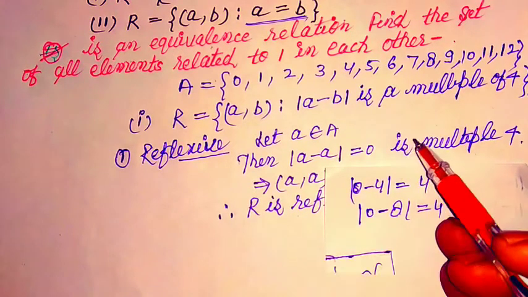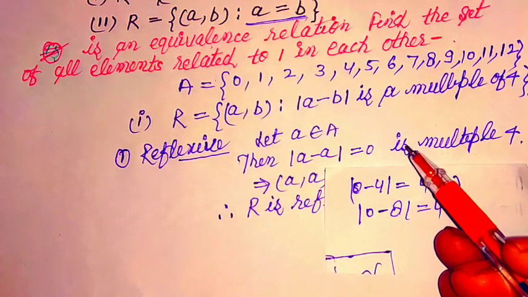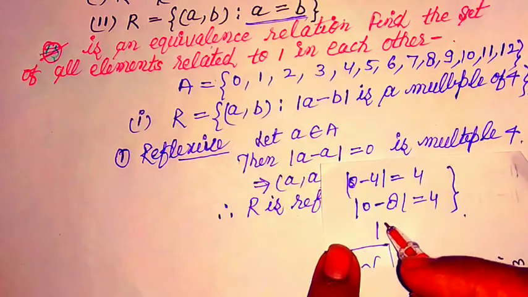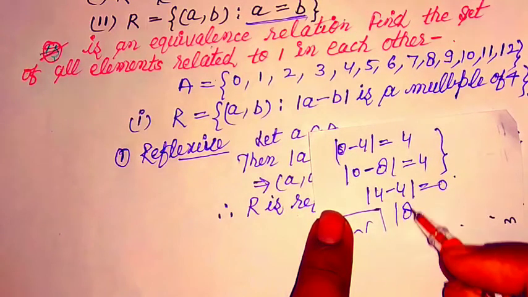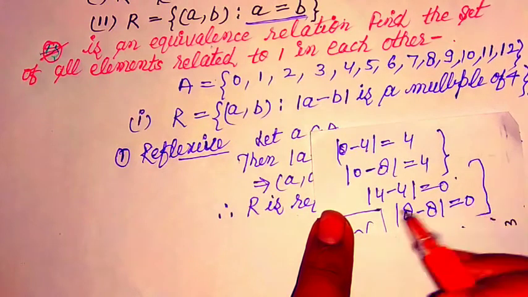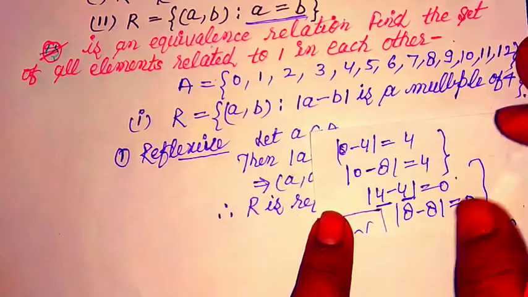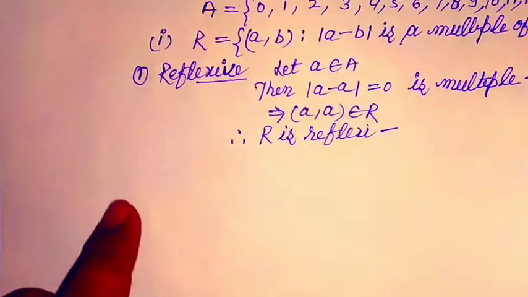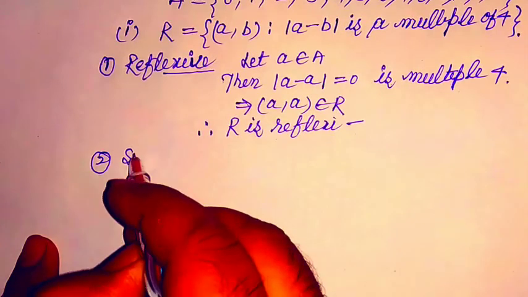And we will take a and b such elements that are multiples of 4, and 4 minus 4 is also 0, 8 minus 8, and in all conditions we will get 0 for the same element. So we can say it is reflexive. Now next, we will see whether it is symmetric or not.